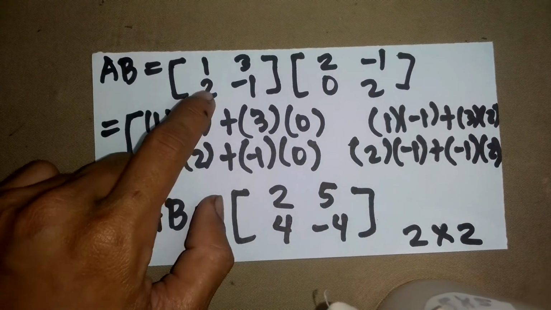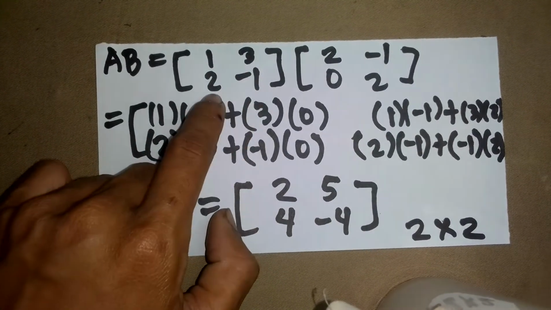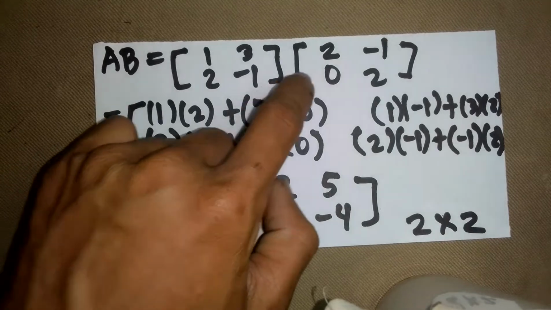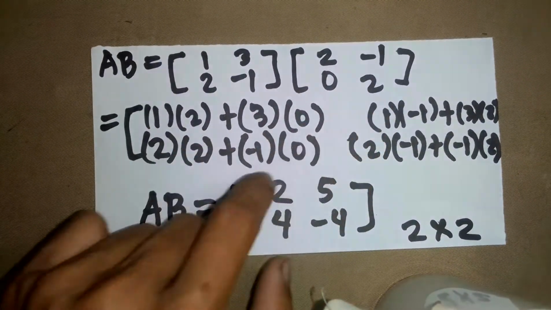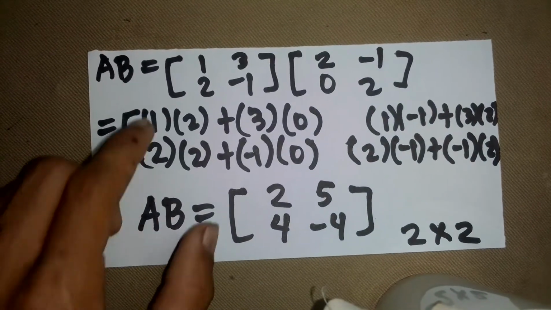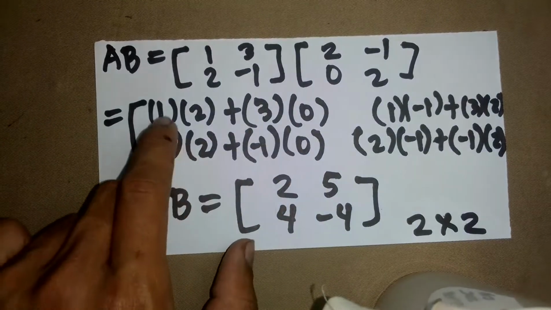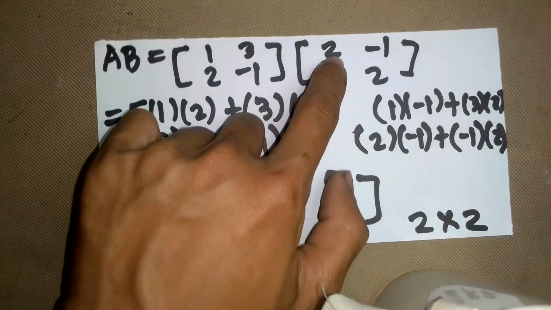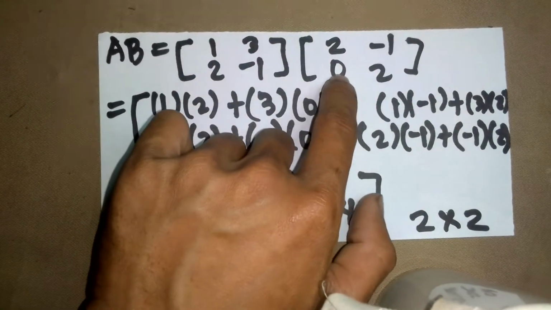AB, where the value of matrix A is 1, 3, 2, negative 1. The value of matrix B is 2, negative 1, 0, and 2. We multiply this first row to this first column: 1 multiplied by 2, 3 multiplied by 0.